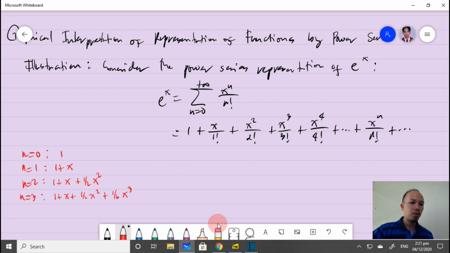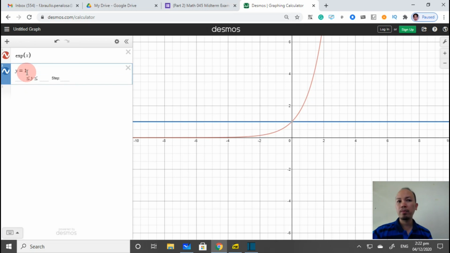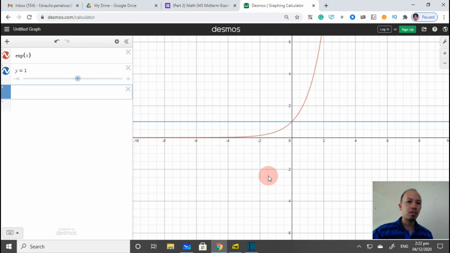When n is equal to 0, y is equal to 1. We have a line here, so it only captures one point of the exponential function, this point here.